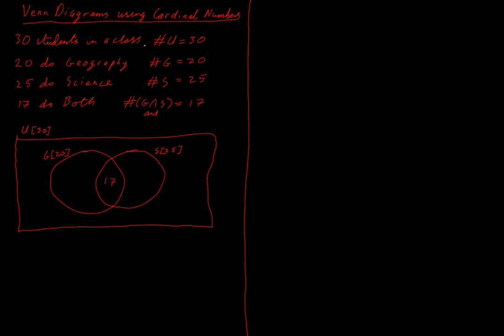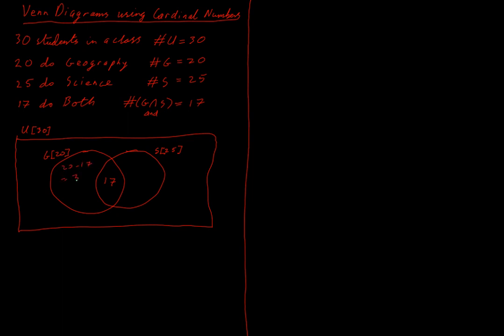Why? Because I have a total of 20 people doing geography. So inside my geography boundary, there's a total of 20 people. Now 17 of those 20 do science as well. So how many of the students in the class only do geography? That's going to be 20 minus 17.